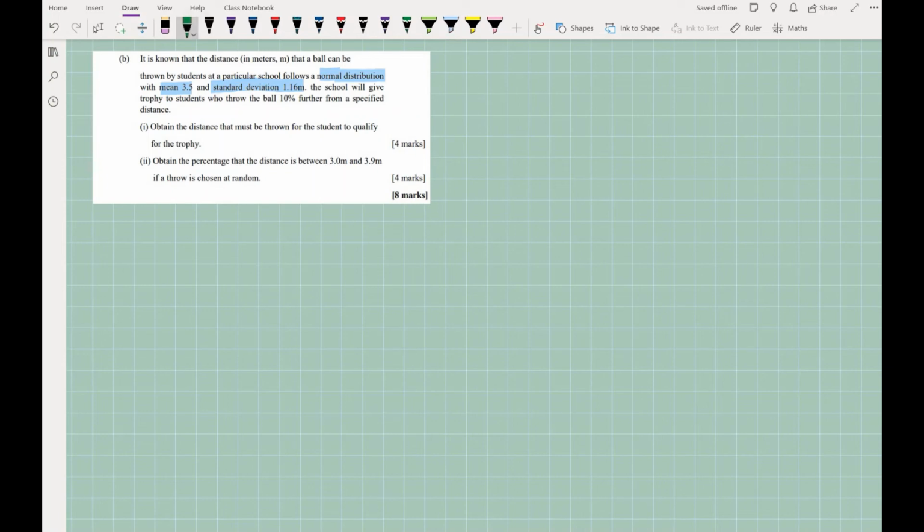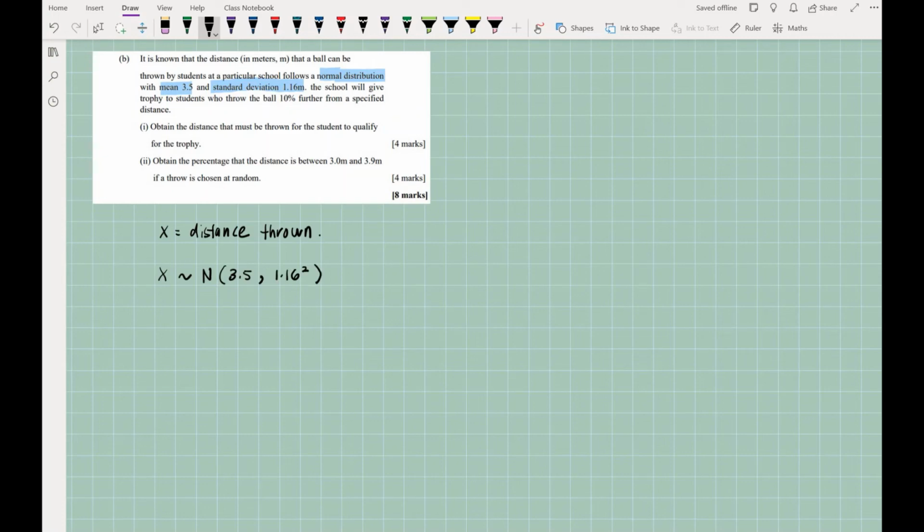So from that, kita keluarkan dahulu maklumat. So from the information, I know that X is distance thrown. Okay, so I know that X follows a normal distribution with mean 3.5 and my variance is 1.16 square.